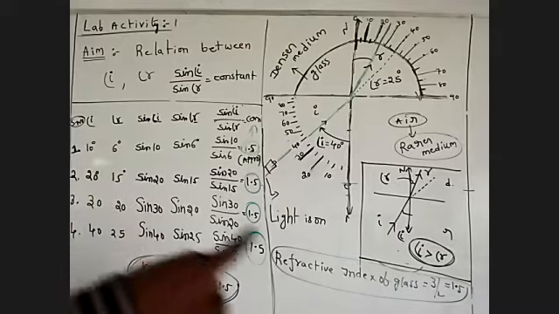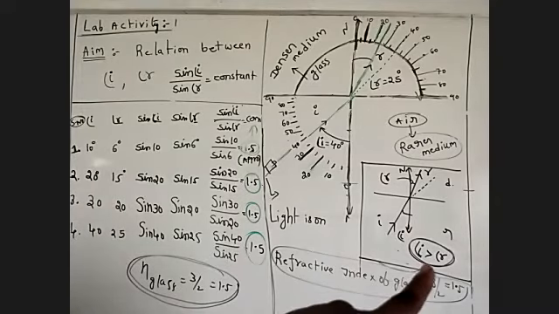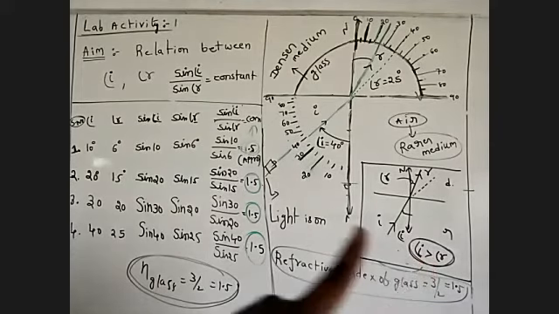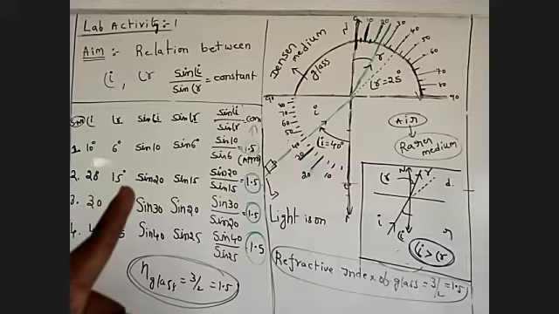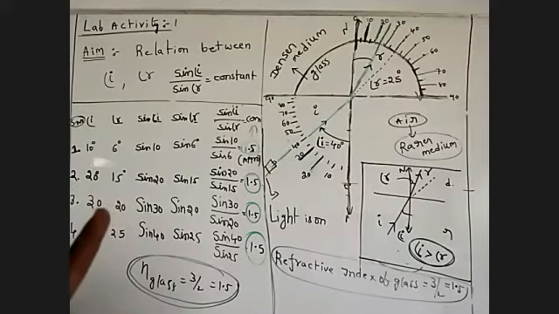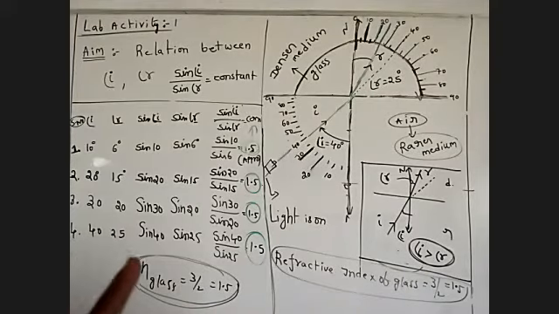You see the condition: angle of I is greater than angle of R. Light travels from rarer medium to denser medium means angle of I is greater than angle of R. In the second situation, the incident ray is 20 degrees, the refracted ray is 15, angle of I greater than angle of R. In the third situation, the incident ray is 30, the refracted ray is 20, angle of I greater than angle of R. In the fourth situation, the incident ray is 40, angle of R is 25, angle of I greater than angle of R. So you see that in all situations it is verified.